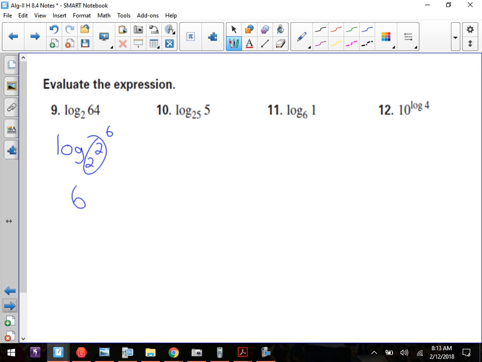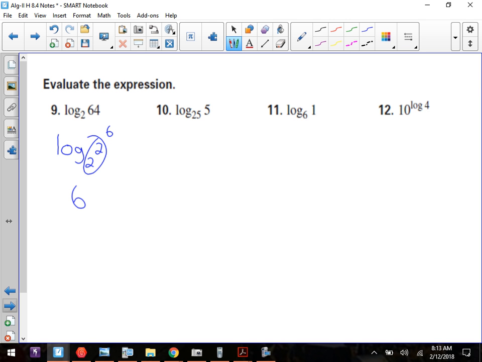Or if you start thinking of it in terms of rewriting your bases to exponential form, you get the same idea. Okay. Log base 25 of 5. That means 25 to what power is 5? To the 1/2.